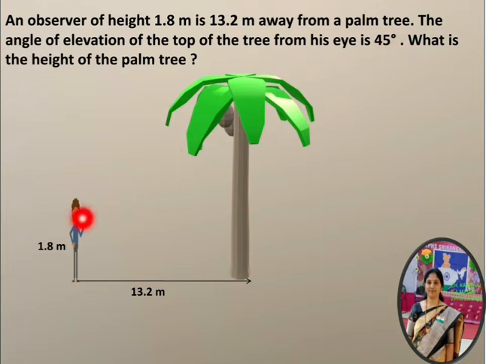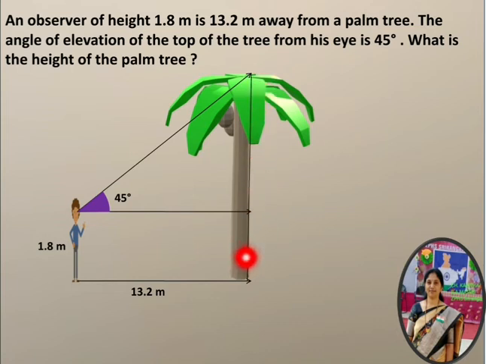That means from his eye we have to draw a line of sight like this, and the angle of elevation is 45 degrees. To indicate the angle of elevation we have to draw a horizontal line from his eye. Okay, so like this we can draw a horizontal line, and here the angle of elevation is 45 degrees. Now we have to find out the height of the palm tree. So this height we have to find out.